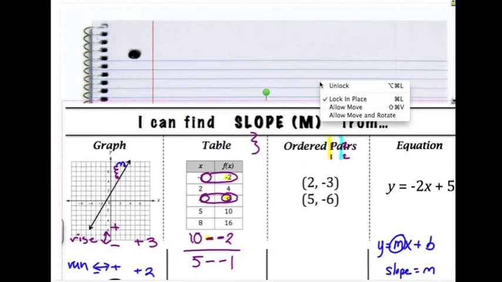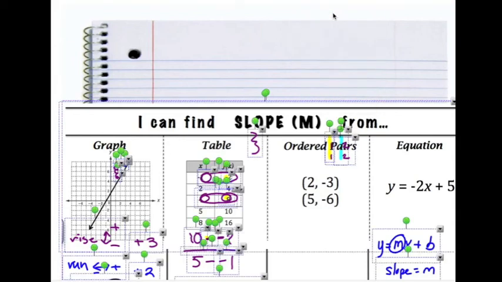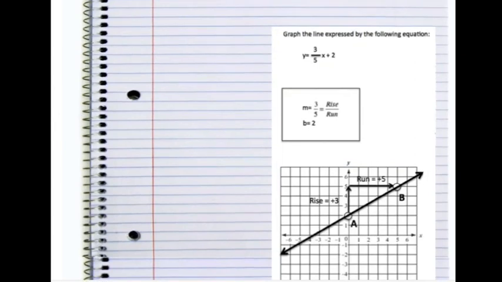So I'm just going to remove this so that we can take a second and work on the second half of our notes, which is this component here, which says graph the line expressed by the following equation. So y equals 3/5 x plus 2.